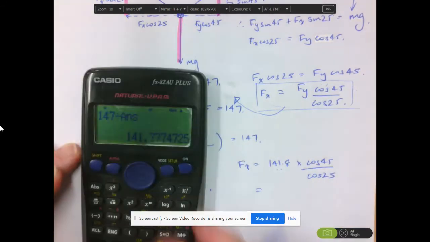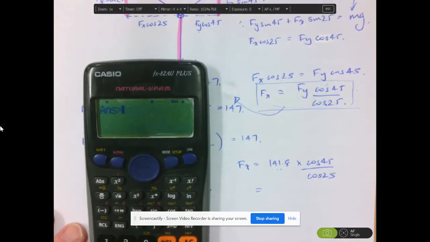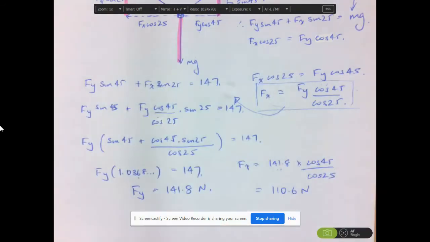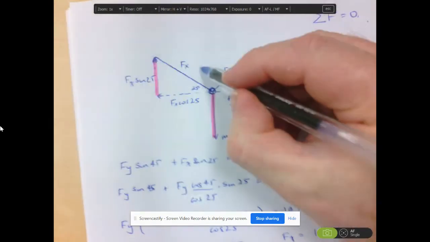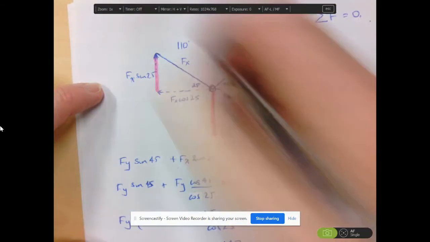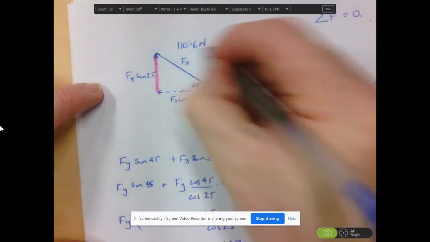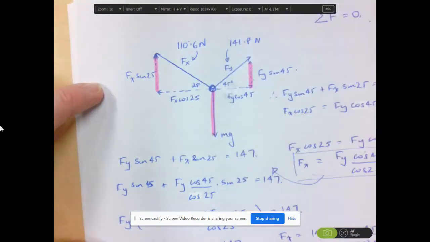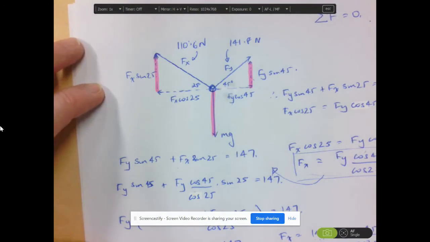So that times the fraction, which is cos 45 over cos 25, and that's 110.6 newtons. Right, so we now have values for these two forces here. So Fx is 110.6 newtons, and Fy is 141.8 newtons.